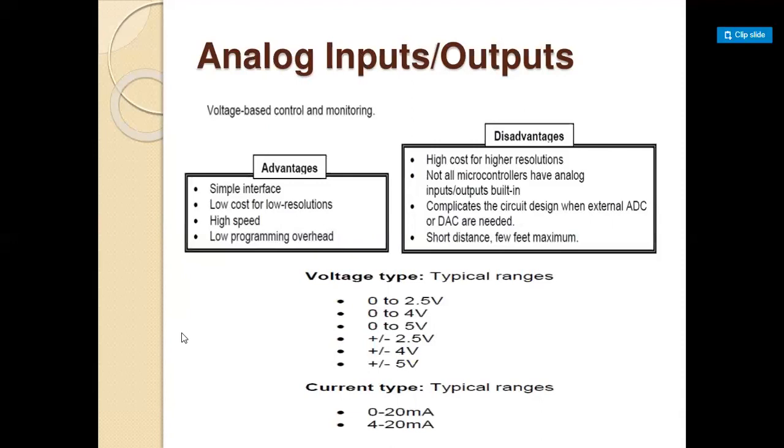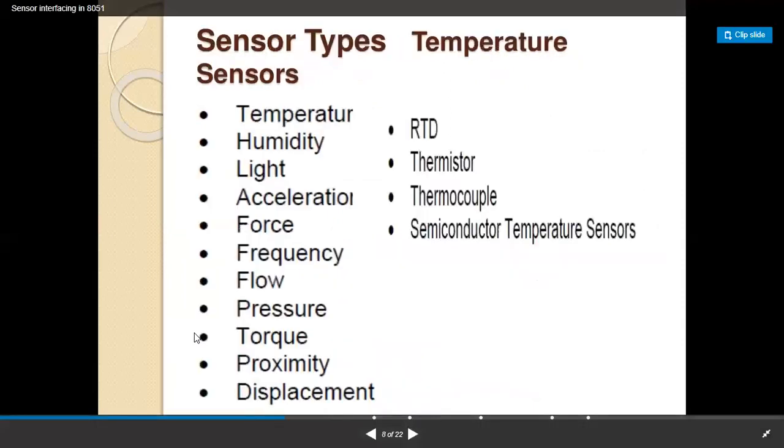Voltage type has a typical range of 0 to 2.5 volt, 0 to 4 volt, 0 to 5 volt, plus minus 2.5 volt, plus minus 4 volt, plus minus 5 volt. And the current has a typical range of 0 to 20 milliampere and 4 to 20 milliampere.